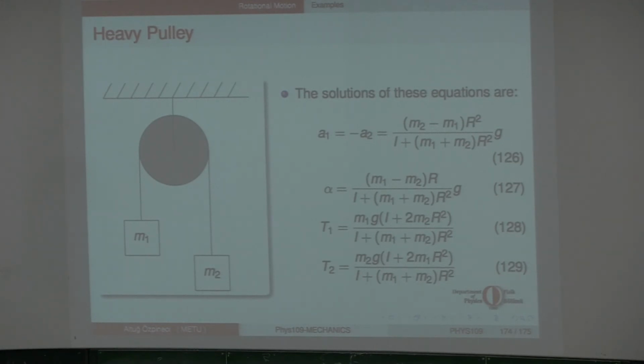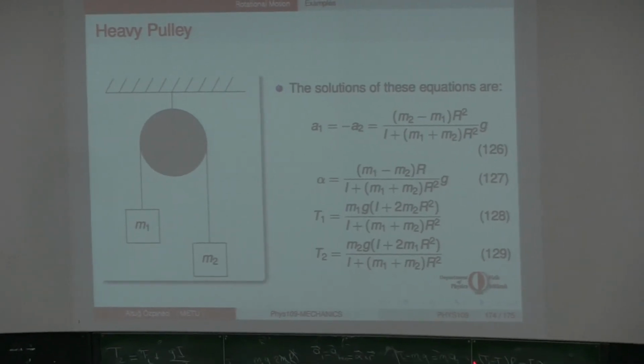What about this GI over R? Do you expect this GI over R? Yes. Well, the thing is over here, T1 minus T2 times R is the net torque.